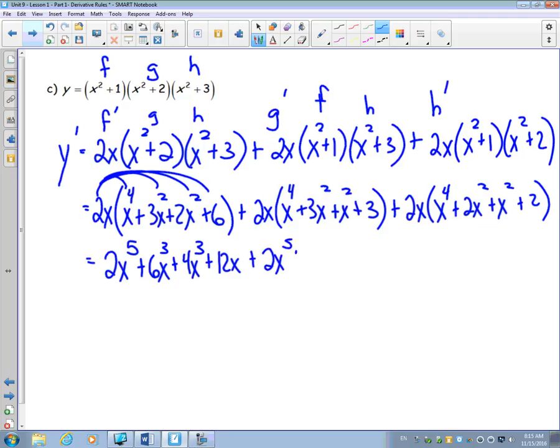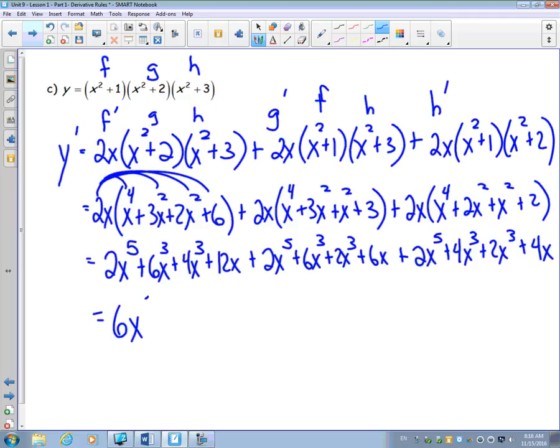2x to the 5 plus 6x cubed plus 2x cubed plus 6x. And same thing for the last one. 2x to the 5, 4x cubed, 2x cubed, and 4x. Now we've got a whole bunch of like terms we can collect. We have 6 x to the 5s. We've got a bunch of x cubeds.